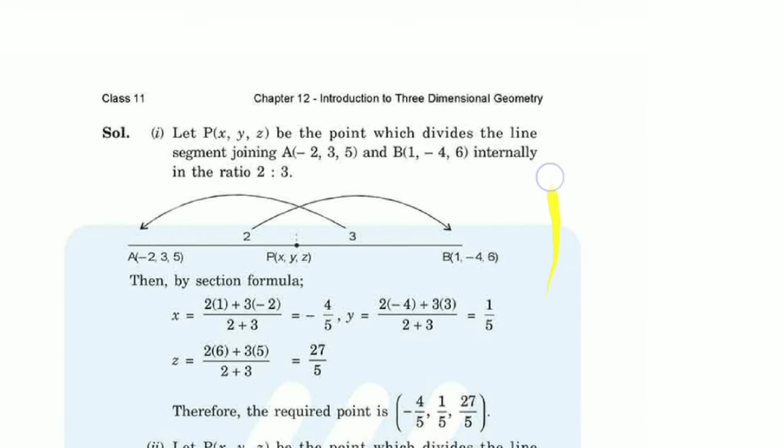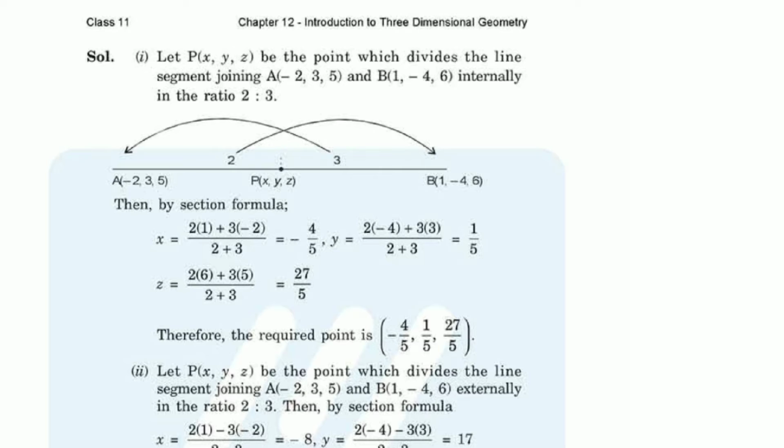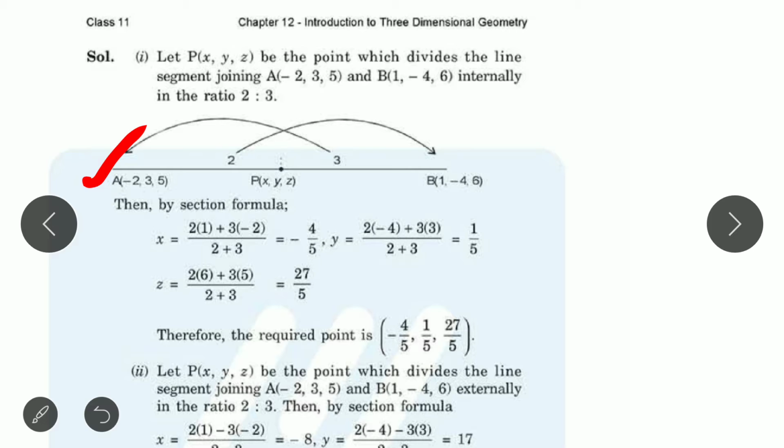Now, for the first part, we are going to use the internal division formula. In the diagram, you can see that there are 2 points, A and B, which are given in the question. Let us suppose that P is a point whose coordinate is (x, y, z), and this point P is dividing the line segment AB in the given ratio 2 is to 3.